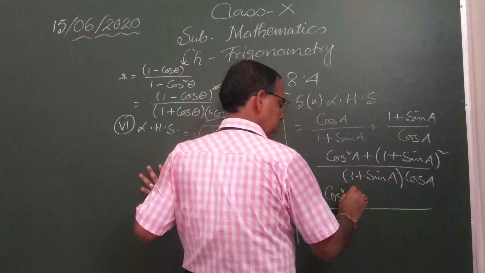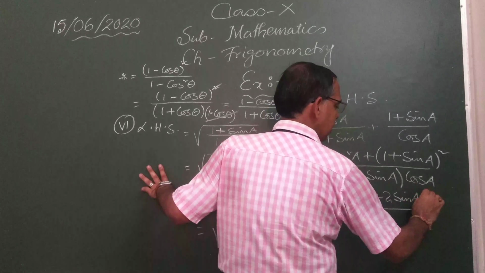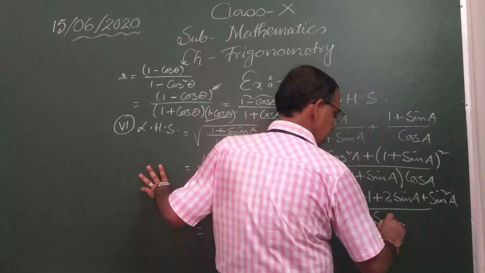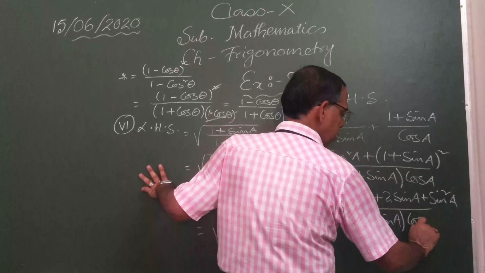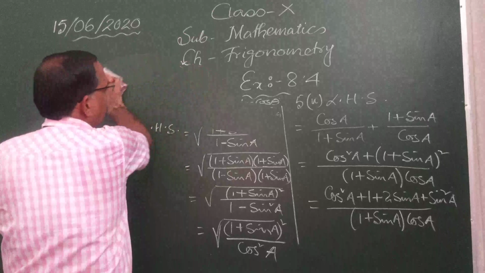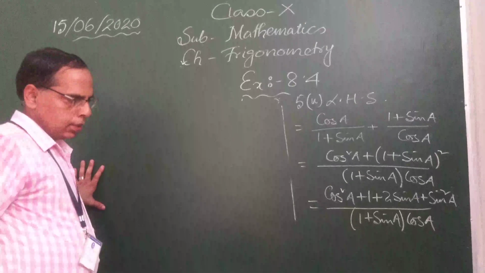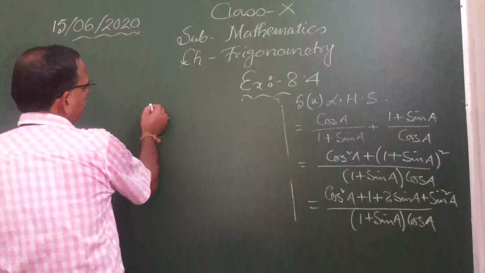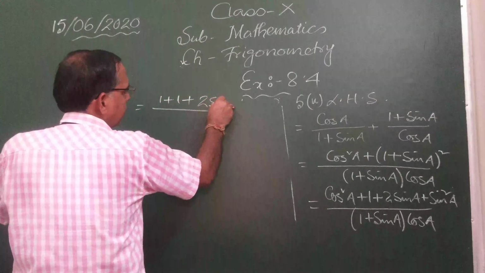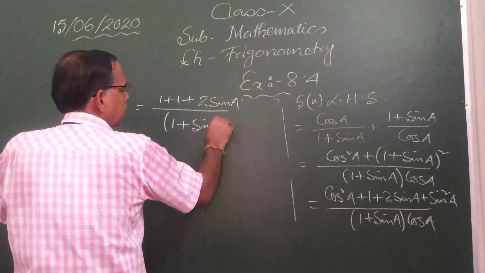Cos square A plus 1 plus 2 sin A plus sin square A, divided by 1 plus sin A into cos A. See, sin square A plus cos square A is equal to 1. So 1 plus 1 plus 2 sin A, divided by 1 plus sin A into cos A.